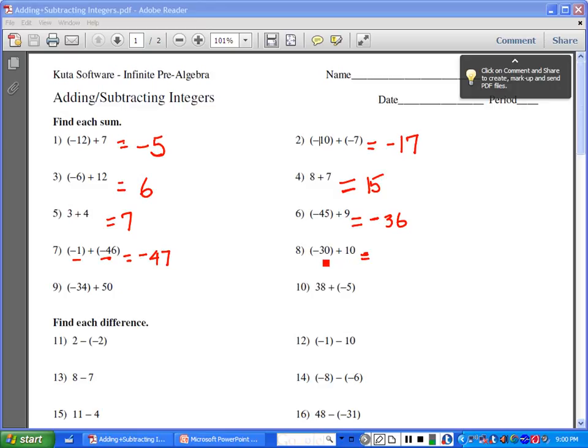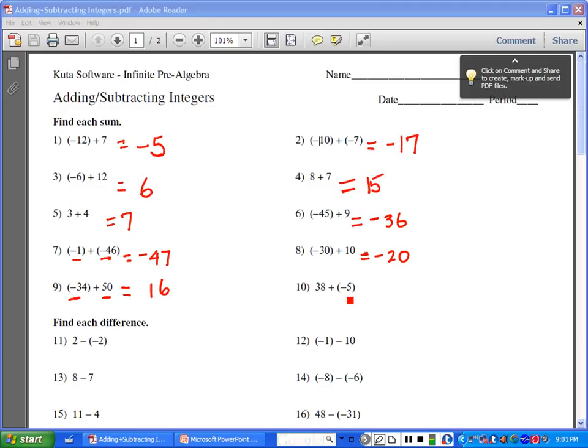Our higher number is negative, so our answer is negative 20. Number 9. Different signs again. So we will subtract, but will our answer be negative or positive? Positive, because 50 is the bigger number and it's positive. So our answer is 16.